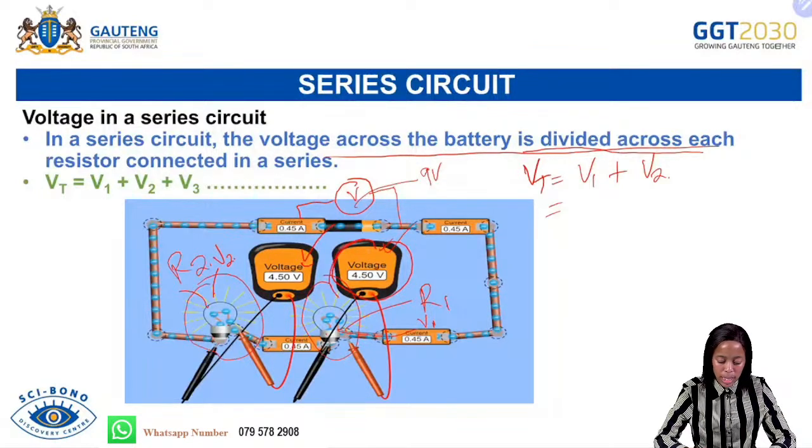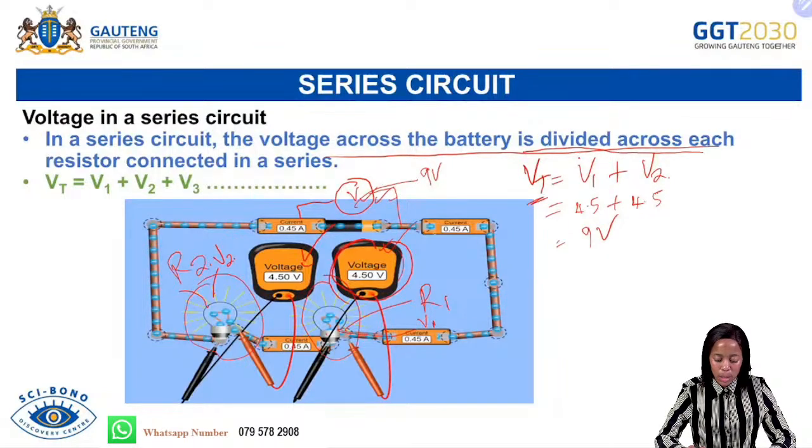We can see that for V1 and V2 we have the values. So if you calculate, it would be 4,5 plus 4,5, and that would give you a V total of 9 volts.